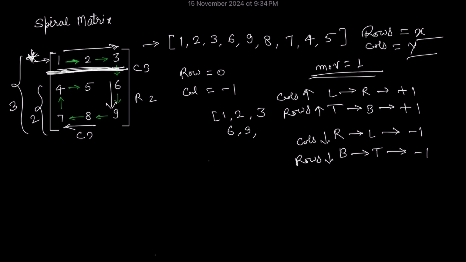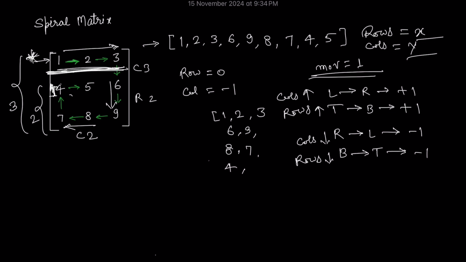Now the columns will be 2: 8, 7. Now the rows will be 1. For this row only, there is only this row, no? Only one row, so 4.